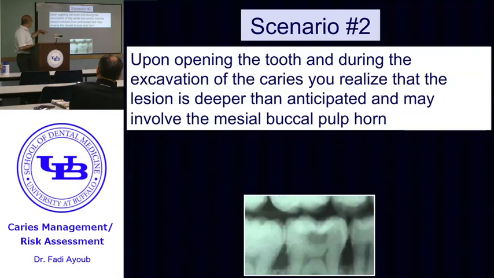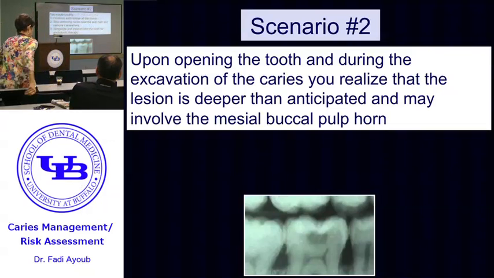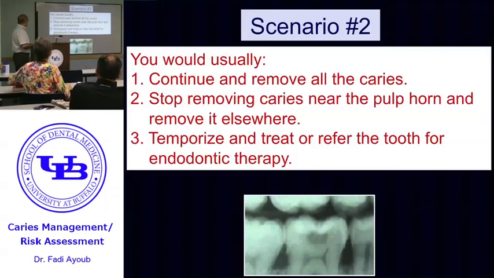Upon opening the tooth, during the excavation, we realize that the lesion is deeper than we expected and may involve the mesial buccal pulp horn. It may or may not be open to the mesial buccal pulp horn. What would you do? Do you continue and remove all the caries?